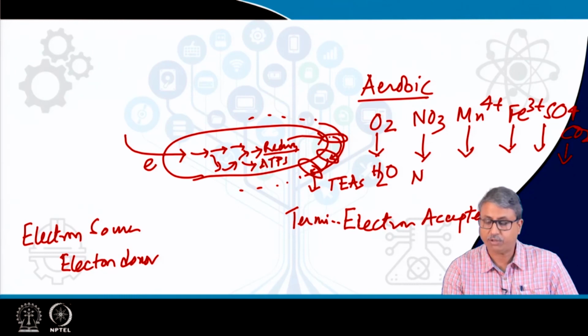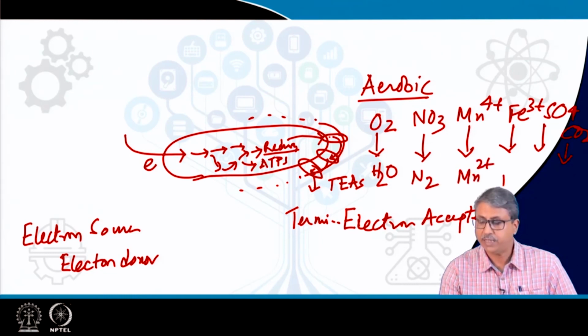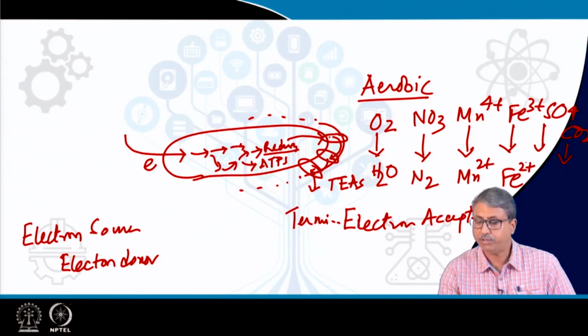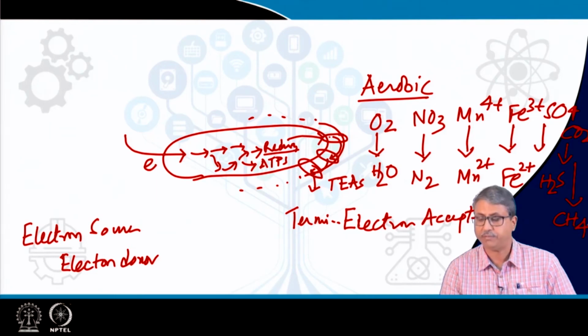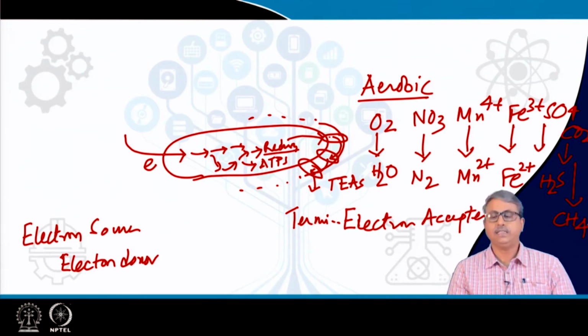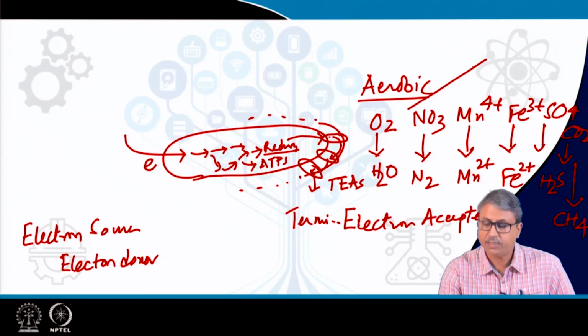Nitrate can be converted to nitrogen, Mn4 plus to Mn2 plus, Fe3 plus to Fe2 plus, sulfate to sulfide, and carbon dioxide to methane. Now, these are the situations where we have the anaerobic condition.